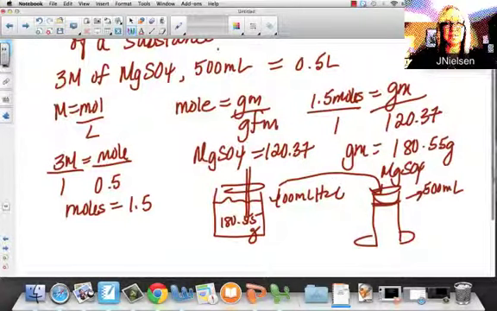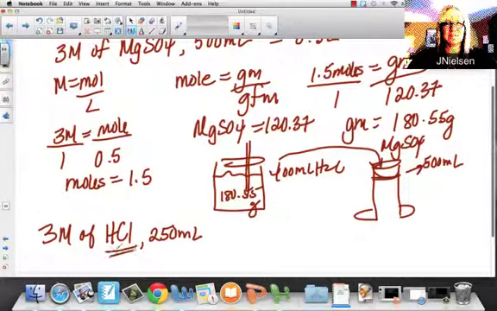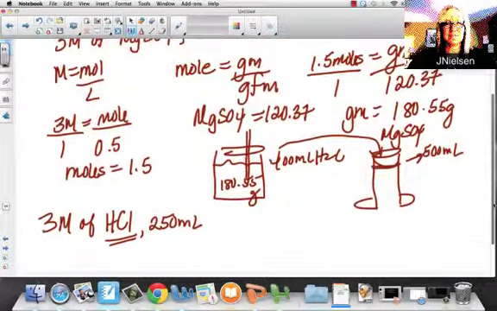Now, some of my solutions are liquid, like a lot of the strong acids. So suppose that I needed a 3 molar solution of HCl, and I needed 250 milliliters. Well, this is a liquid, so what do I do now?